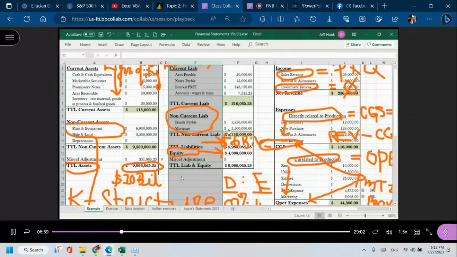Okay, let's continue. To maximize the profit for shareholders. In that sense, right?